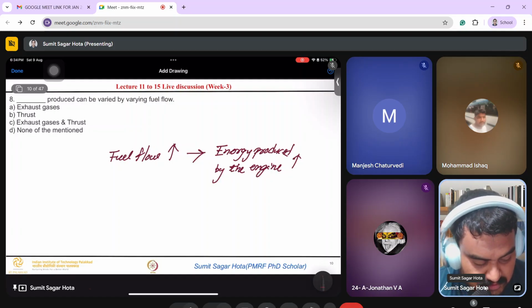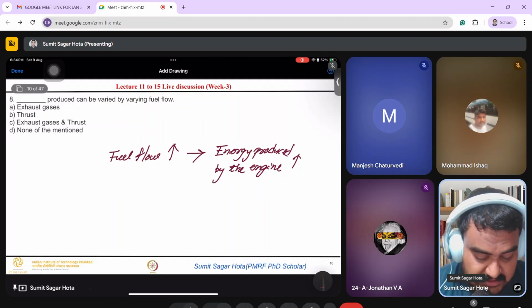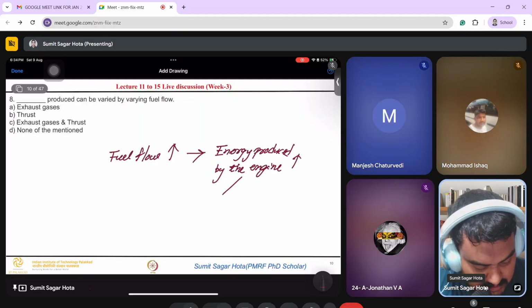And when the energy produced by the engine increases, two things also increase. One, there is production of higher thrust.